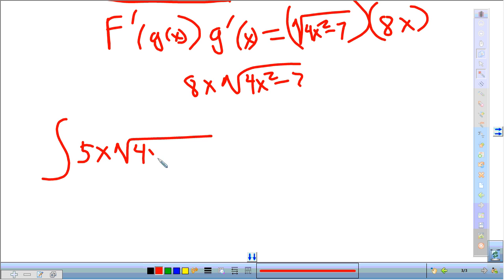In the integral I'm looking at, it's not quite the same. This is 8x times everything. This is 5x. But I can adjust coefficients that are constant by dividing by 8 and multiplying by 5.